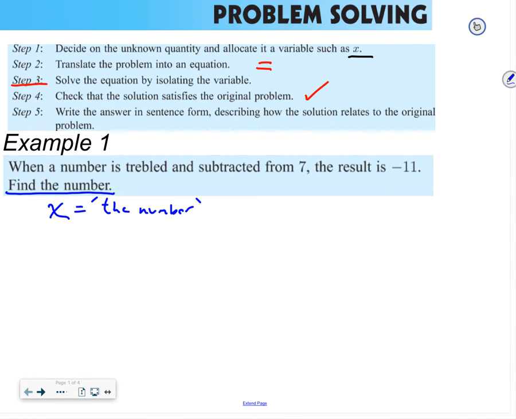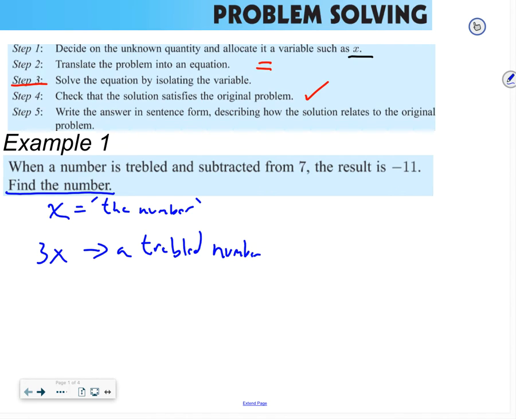Okay, from there, I see when a number is tripled. So a number tripled is 3x. Okay, corresponds to a tripled number. So that's tripled in British English. So a tripled number.